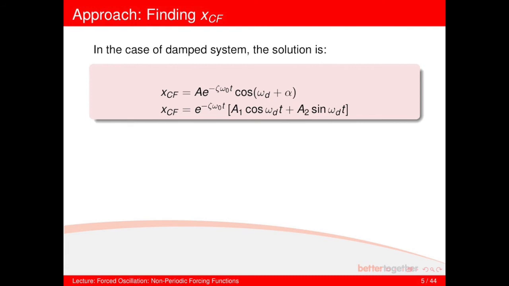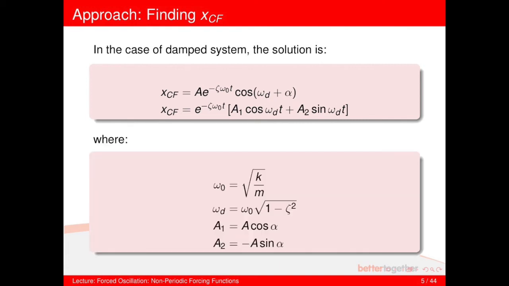Again, you can separate the A cosine into a cosine and a sine term. Again, omega naught is root k upon m. Omega d is now a function of zeta and omega naught, and then A1 and A2 are the same things in terms of alpha now instead of phi.